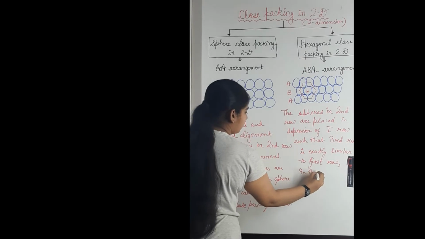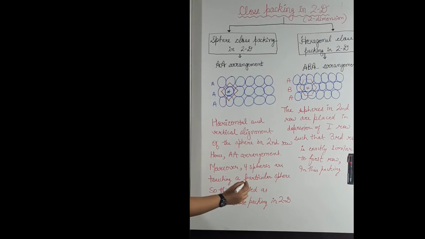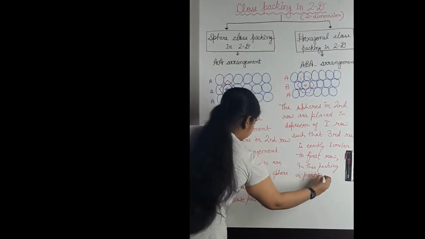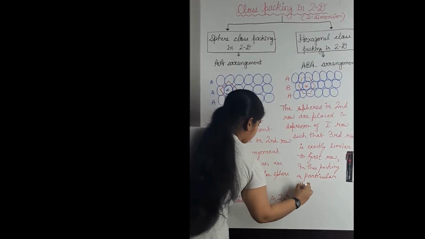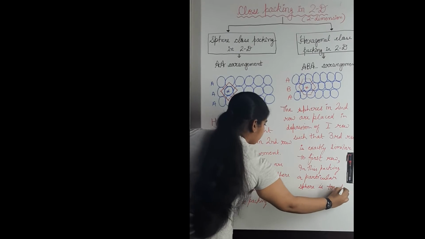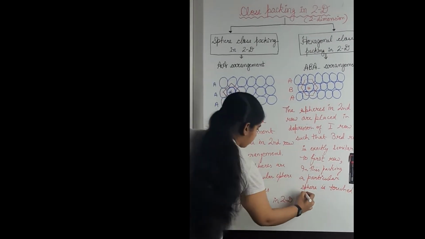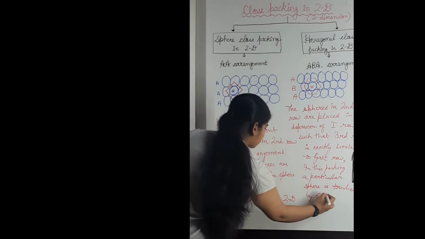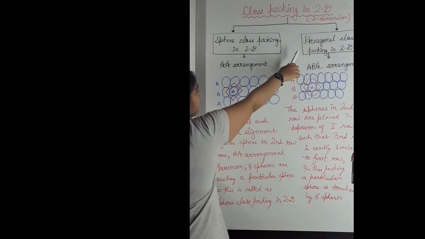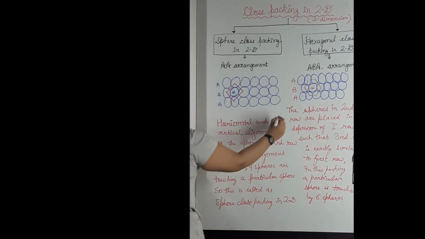In this packing, a particular sphere is touched by 6 spheres, giving the hexagonal close packing in 2 dimensions.